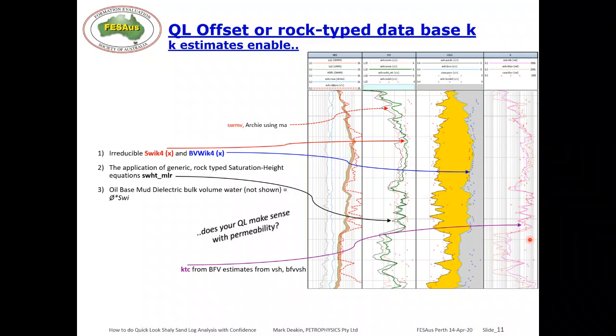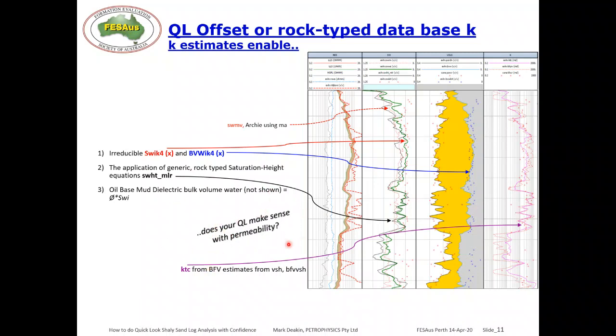So this is the permeability track. Oil-based mud dielectric bulk volume water not shown. Of course, I don't know if you know about the dielectric, but it will give you basically a bulk volume of water near the well bore, which may also be of help to you. Does your quick look make sense with permeability?